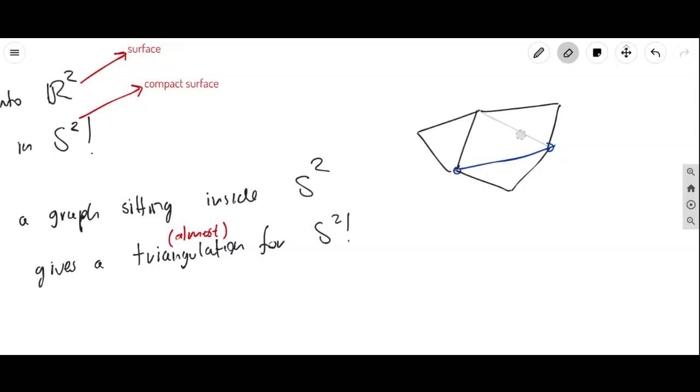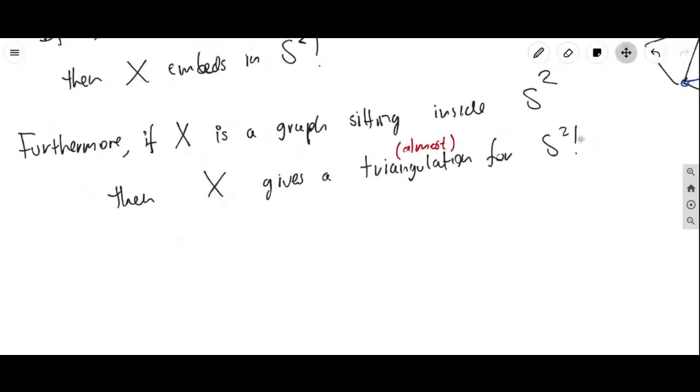Notice that it was not a triangulation, and you had to increase the edge by 1. But when you increase the edge by 1, you've increased the number of faces by 1. And so what happens is, if it's not exactly a triangulation, and it consists of squares or pentagons and things like that, you can cut them up further into triangles if you want to, but then the amount of edges that you introduce is equal to the amount of new faces that you gain. And so the Euler characteristic in the end does not change. So it's almost a triangulation.